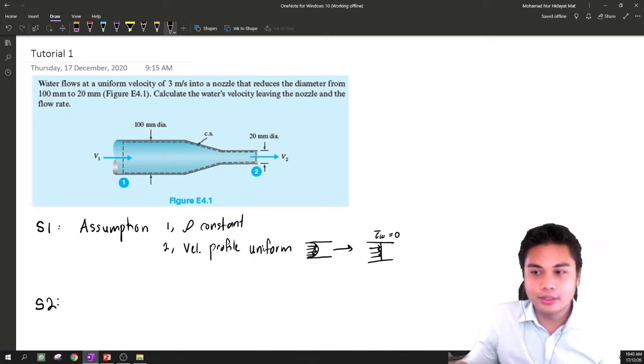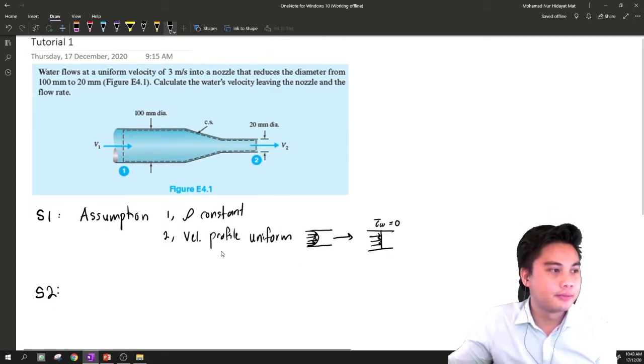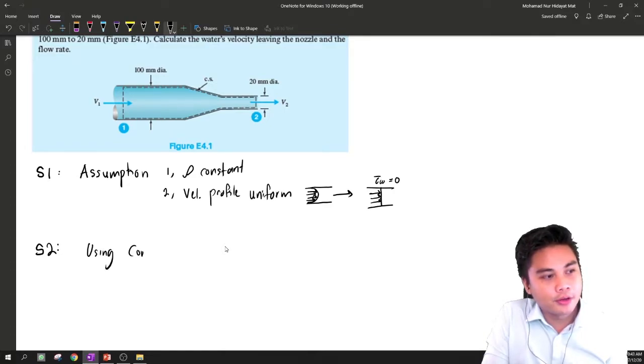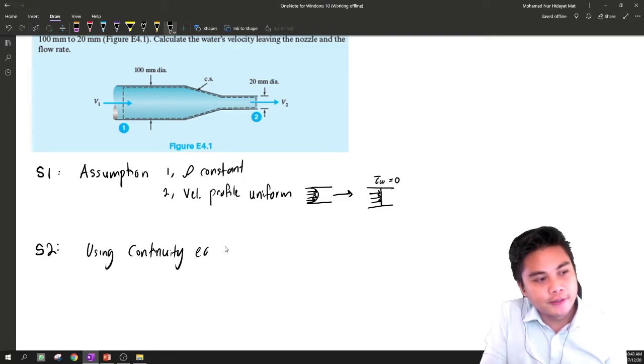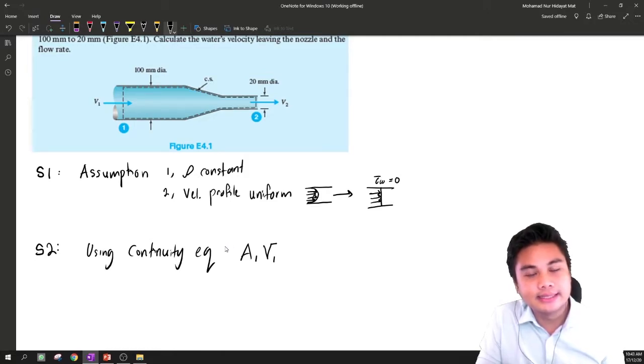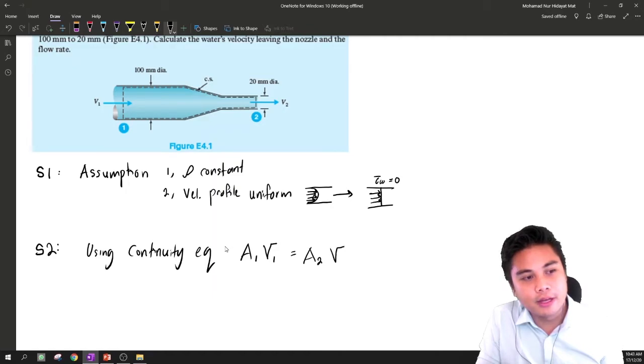We use the continuity equation, which is A1, cross-sectional area 1, multiplied with velocity 1, the average velocity, equal to cross-sectional area 2 multiplied with velocity at point number 2.